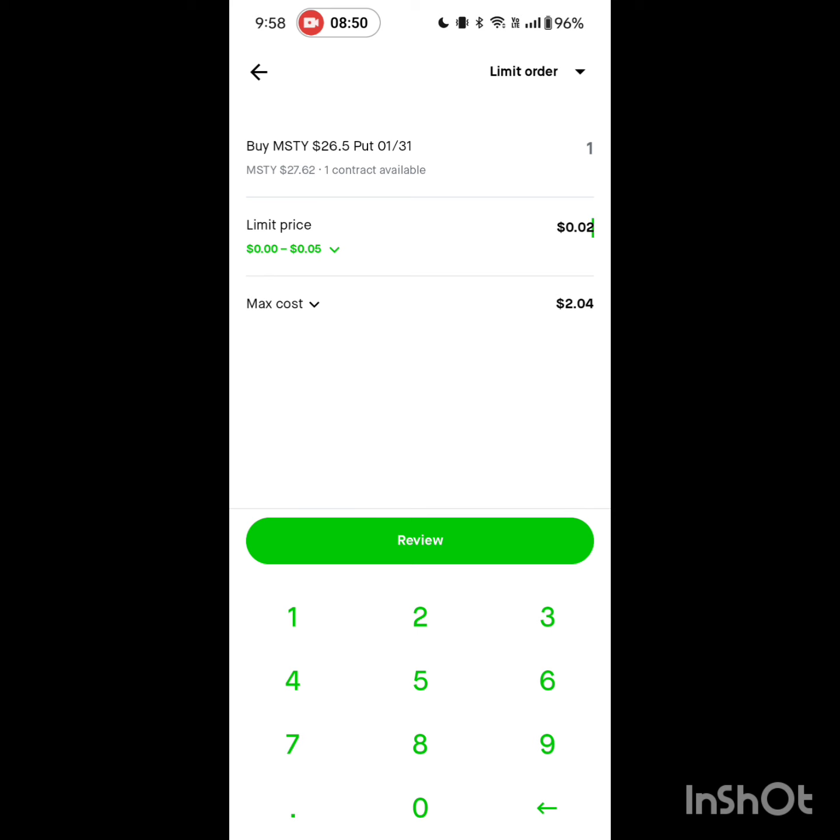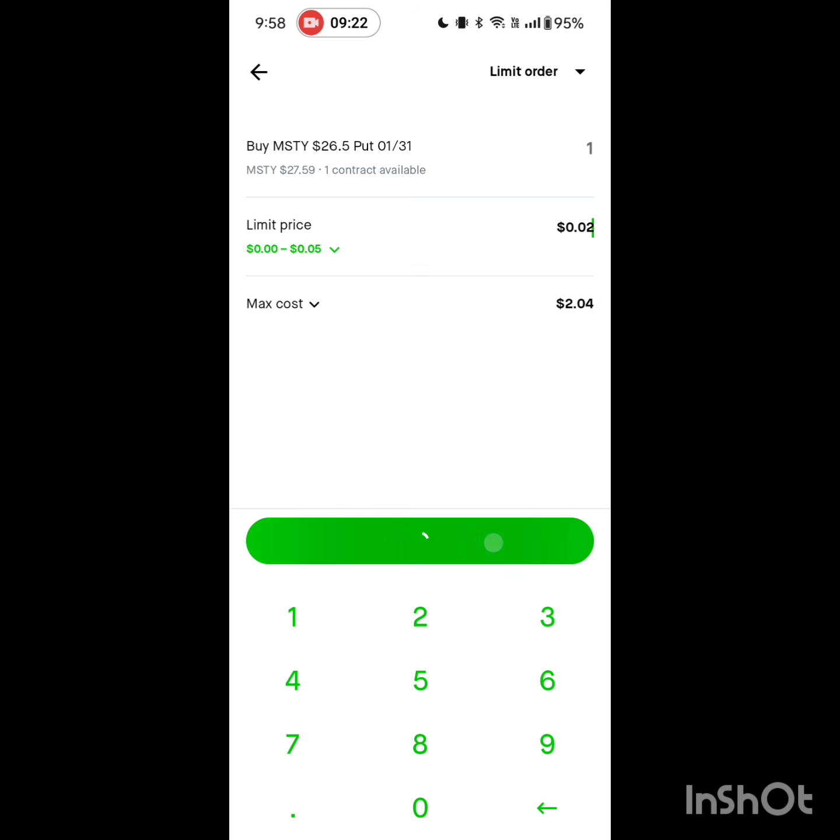Again, it can fill as time decays, because the contract expires today, so you have time decay playing in your favor as long as MSTY share price doesn't decline. Right now it's at 27.62, so there's a big chance that this can get filled.